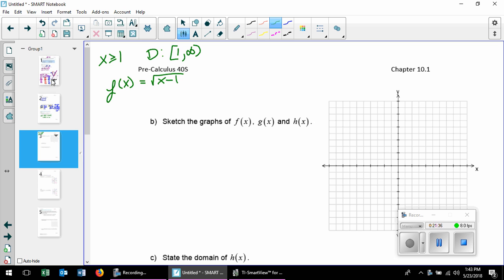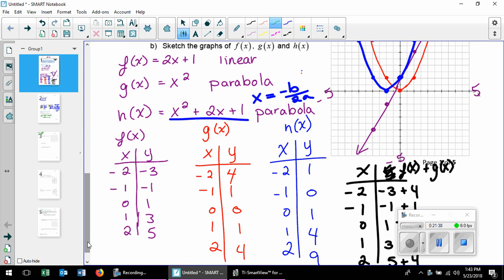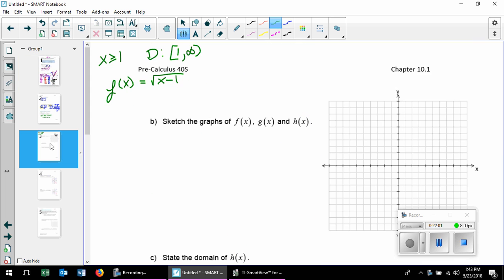What did the x's have to be? They had to be the same before I could add them together. Like this had to be -2, this had to be -2, and this x would have had to be -2. Well, if I don't have a -2 in this, I can't add anything to it. So those restrictions carry over.